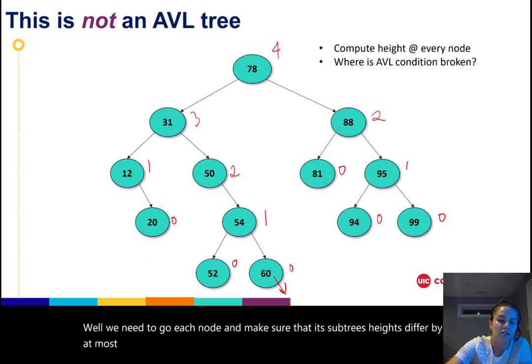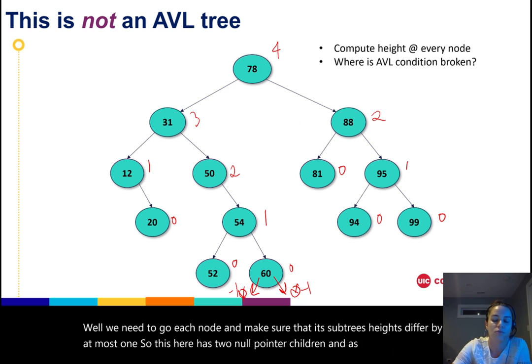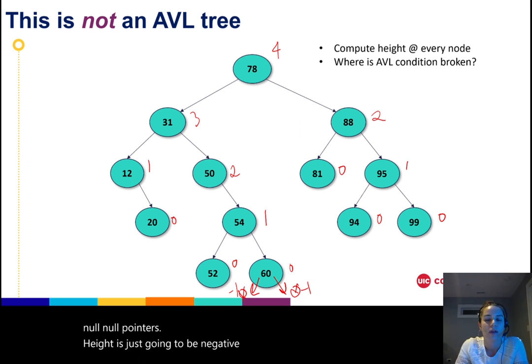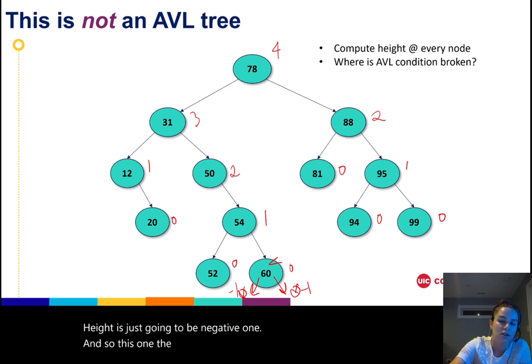So this here has two null pointer children, and as we remember, a null pointer's height is just going to be -1. And so for this one, the AVL condition is good because the children have the same height.